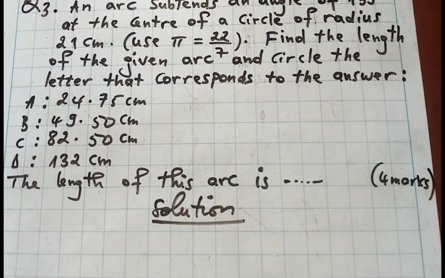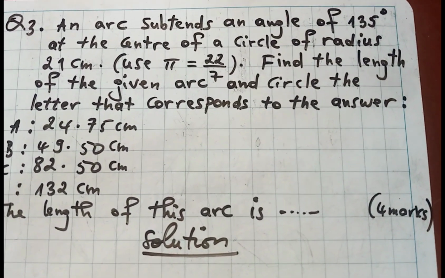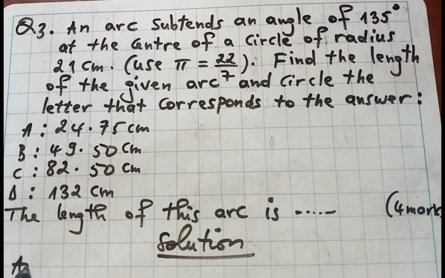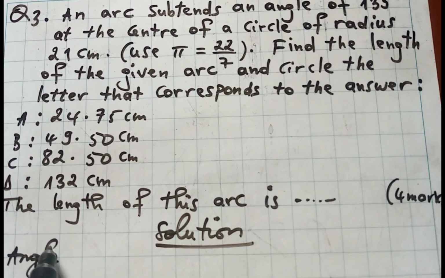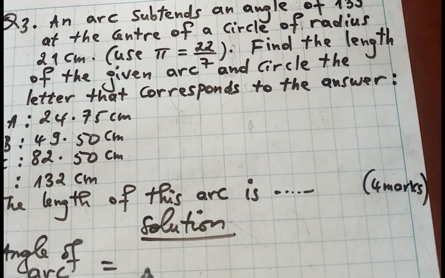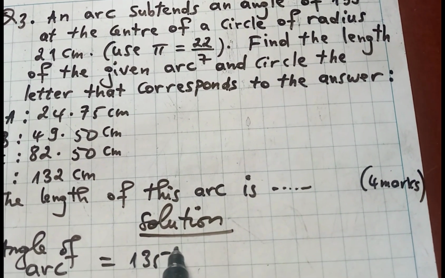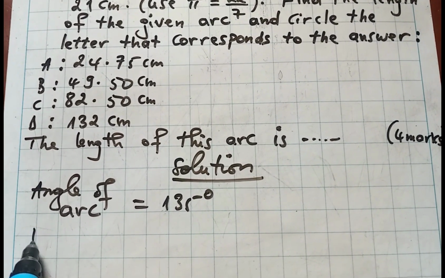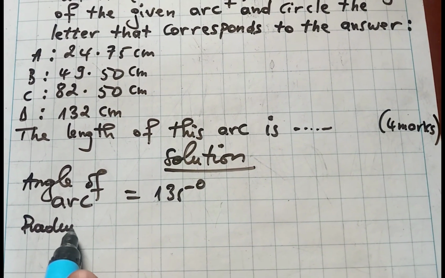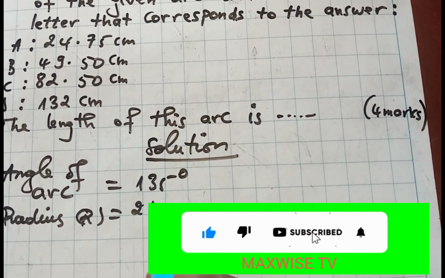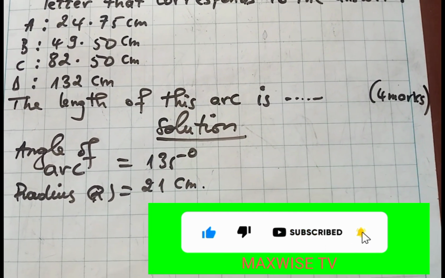Yes. Now, first of all, let us identify the given data. We are given the angle of arc, which is equal to 135 degrees. Also, you have the radius, which is equal to 21 centimeter.